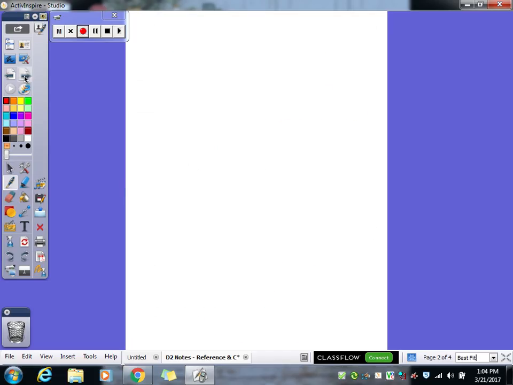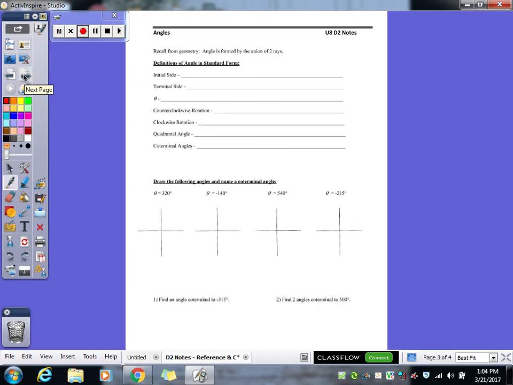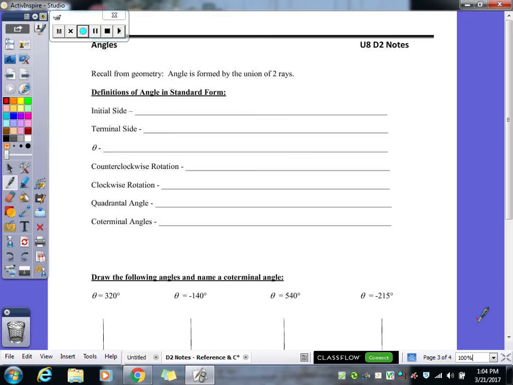So let's go to our next page. So recalling back from geometry, an angle is formed by the union of 2 rays. So you'd have one ray meets another ray, makes an angle. So we're going to be talking about angles in standard form.